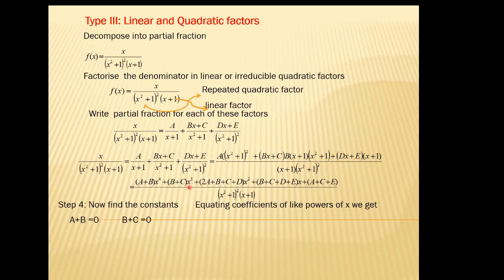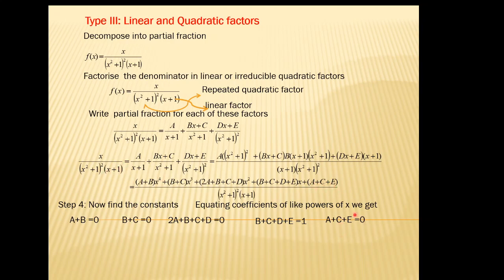Then the coefficient of x cube is b plus c, whereas on the left hand side there is no term, so that is 0. Then 2a plus b plus c plus d comes out to be 0. Then b plus c plus d plus e is the coefficient of x, which on the left is 1. Then there is no constant term, so a plus c plus e is equal to 0.